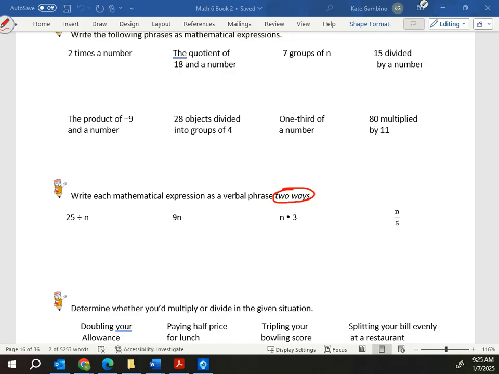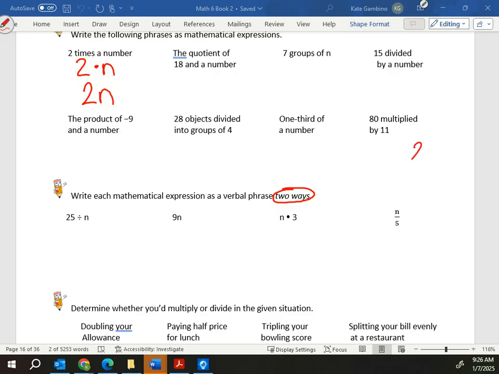Helen: 2 times n. Now some of us might write 2 times n like that. The proper mathy way to do it is to put the 2 right next to the n. We know when there's a number right next to a variable, it automatically means we are multiplying. So when you see that number right next to a variable and you don't know what operation that is, it always means we are multiplying.